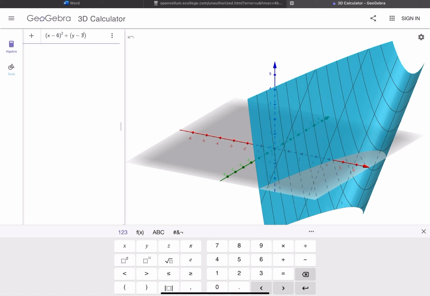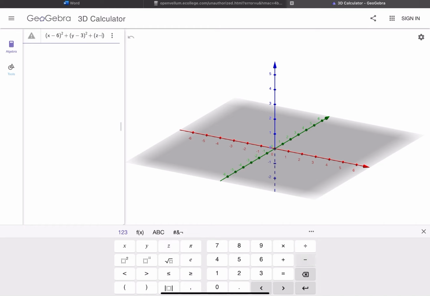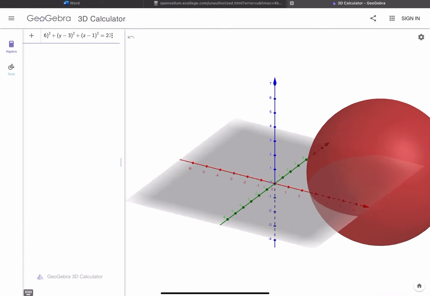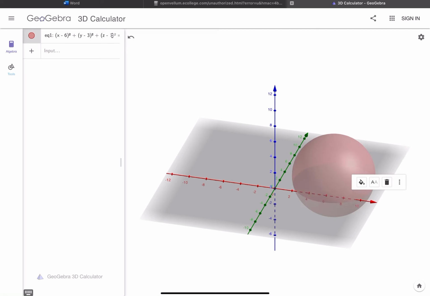Then plus (z minus 1) squared equals 22. So that is the equation of the sphere that we get.